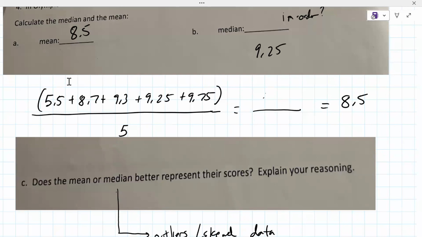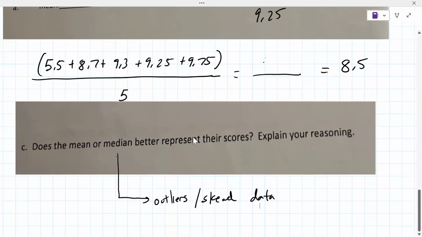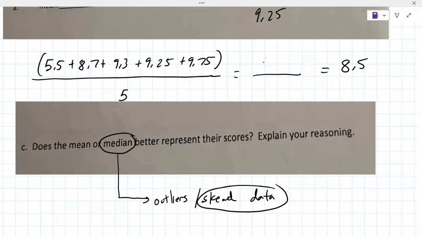So notice that most of them are kind of away from it. That's skewed data. I don't think this is meaning much to you, but the answer here is that the median is better because the data is skewed. And we'll just leave it at that.